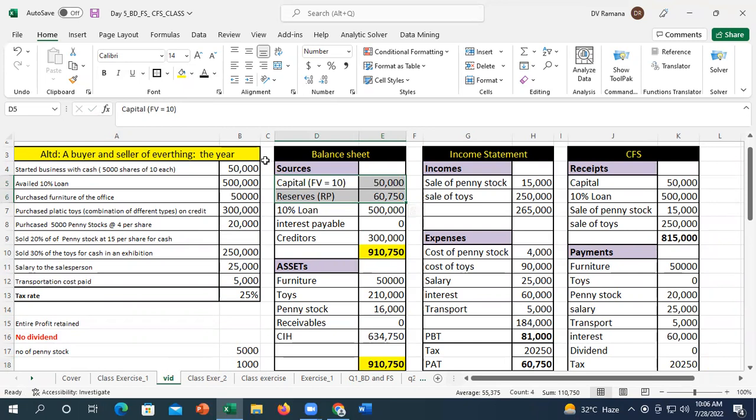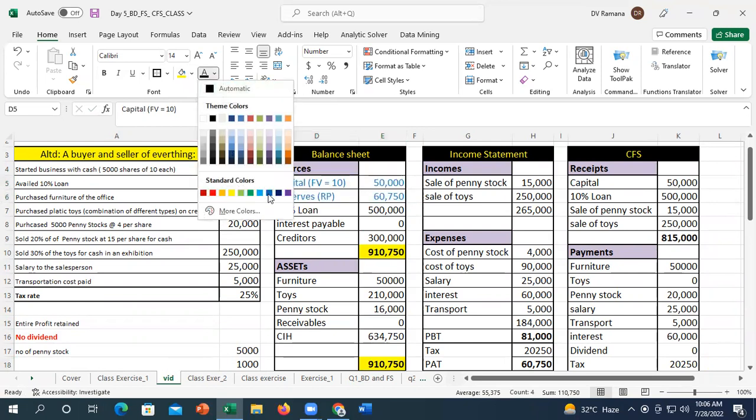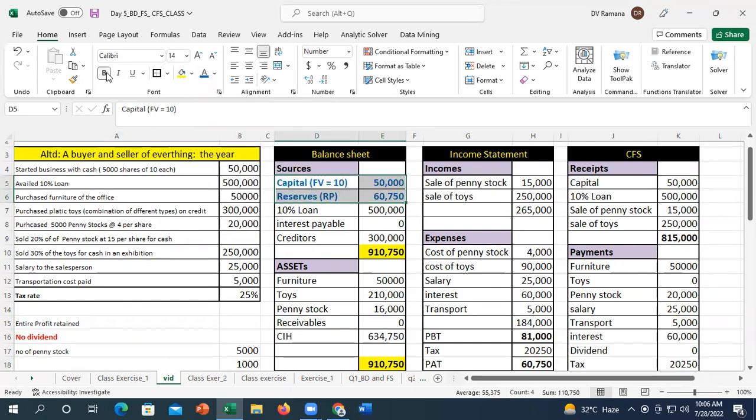And what are the corresponding sources? The corresponding sources are equity, which is capital plus reserves, and liabilities, which is loan, interest, and creditors. So at any point of time, A will be equal to E plus L.